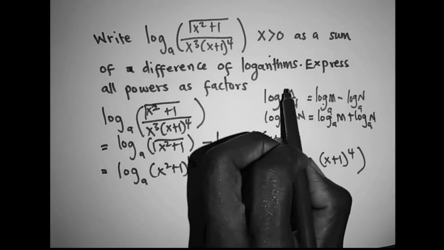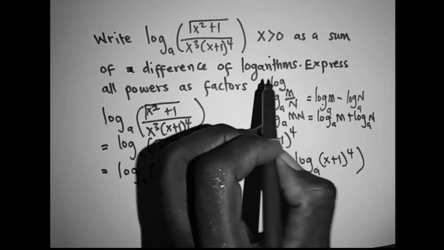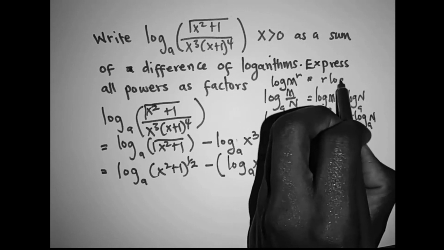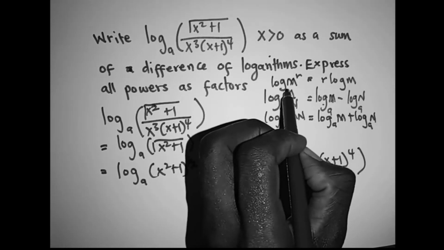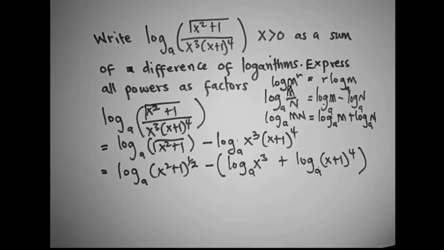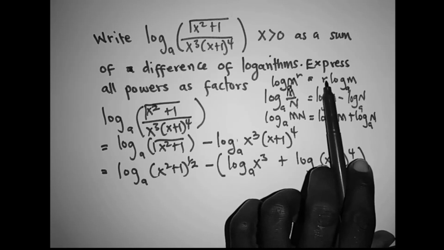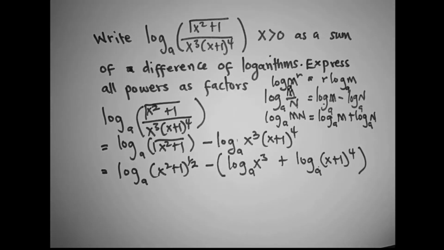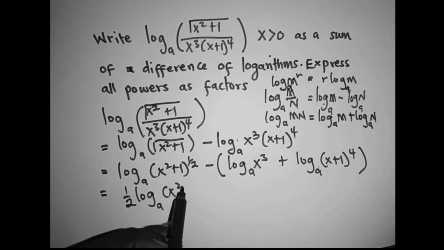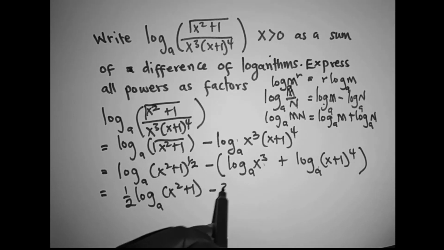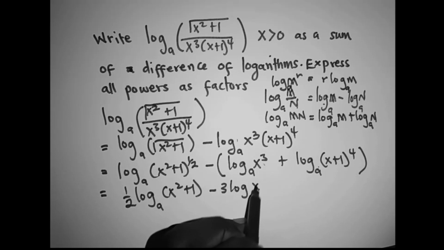And then remember what we said. Log m exponent r is equal to r log m. So let me put a base a here. So log m base a exponent r is equal to r log m base a. And this is equal to half of log base a of x squared plus 1 minus, we use the same thing here, 3 log base a of x.